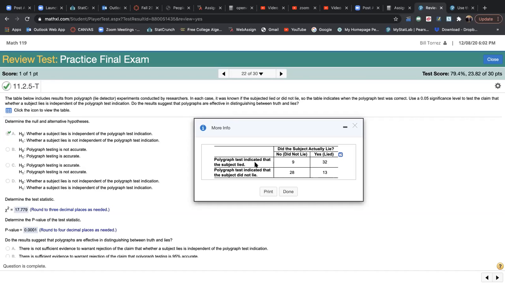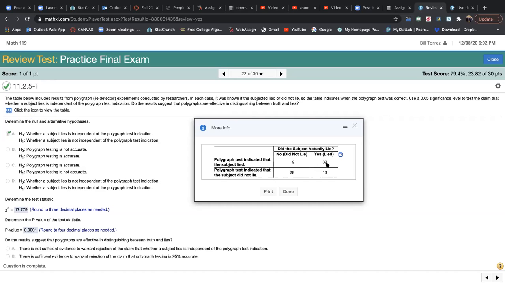Okay. So let's just inspect the data here. So in fact, the polygraph, okay, noted that there were 9 instances where the subject actually did not lie, but the poly said the subject lied. There were 9 of those. Okay.